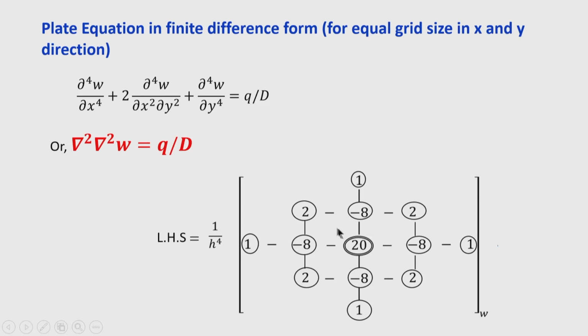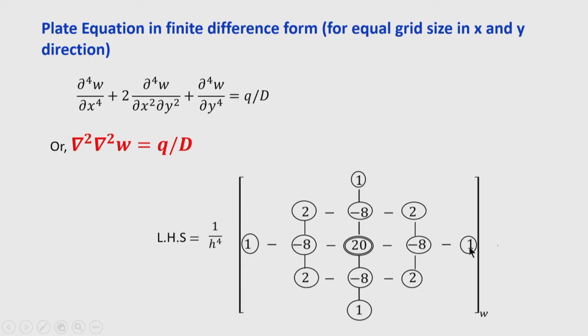When you place the stencil at the nodes, with the center node say 0, this quantity can be understood as 20 w 0. This quantity may be understood as minus 8 w 1.